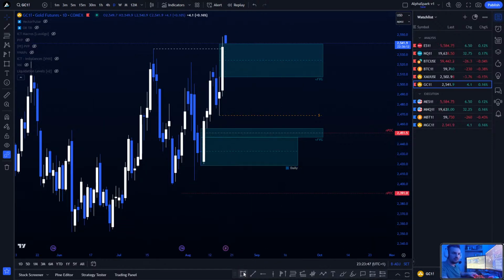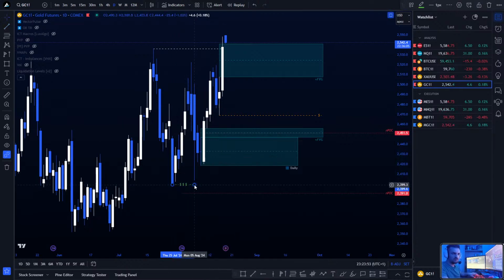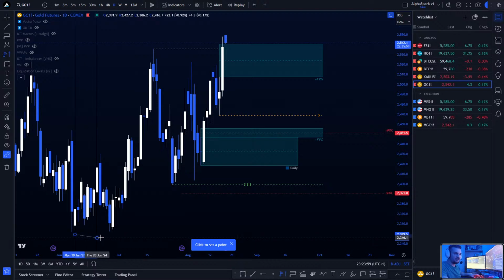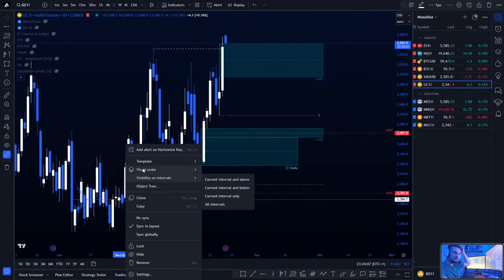Since we have that order block, we have these stacked highs over here. I'm gonna mark it like that because that brings us back down to this range that has the point of control at 2384 on the CME chart.